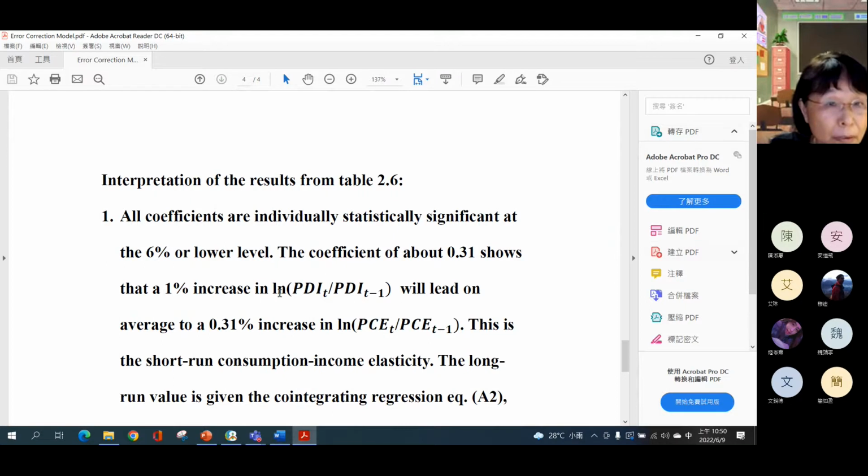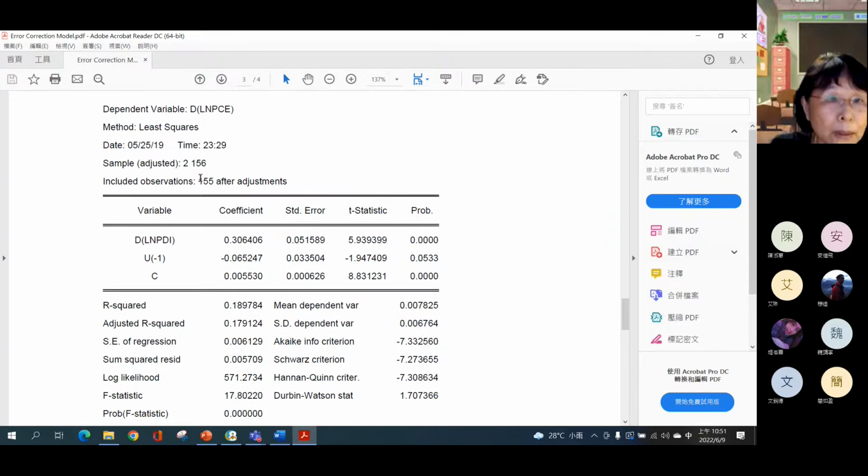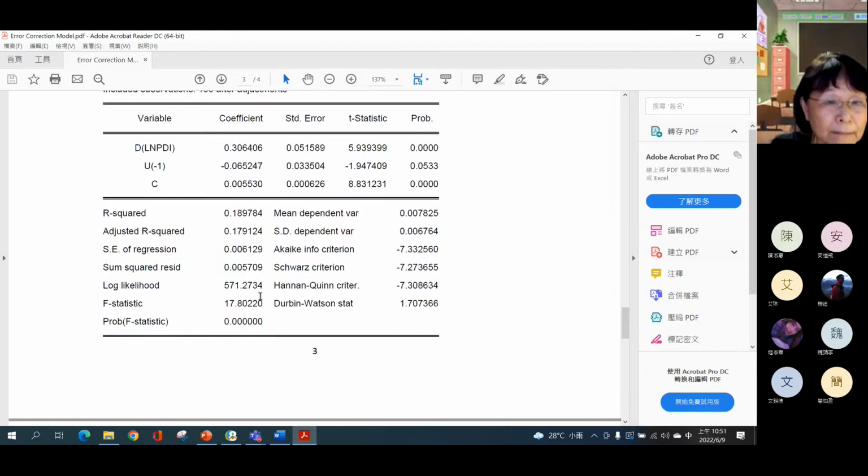Isn't this the difference of the PDIT and the PDIT minus 1? Okay? In other words, a 1% increase in this one will cause a 0.31% increase in the difference of LMPCE.